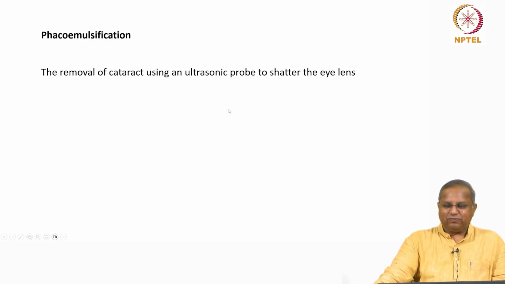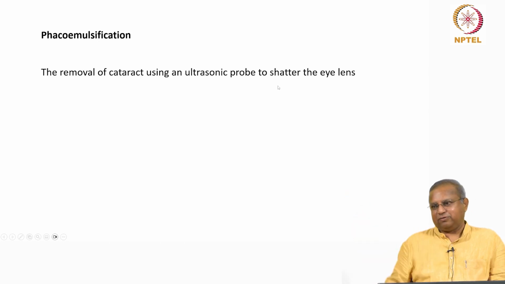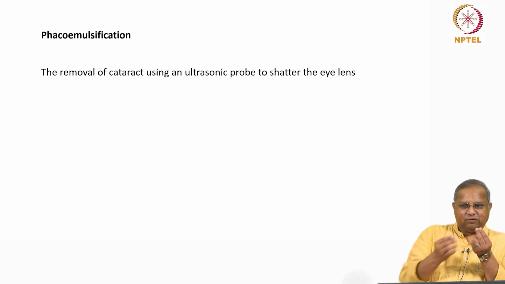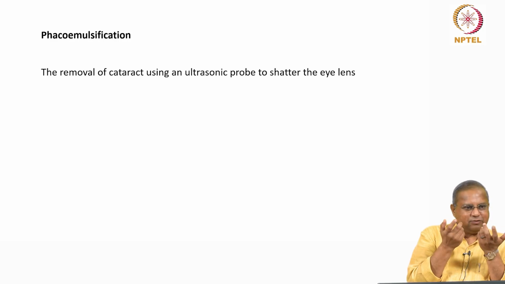So while removing the cataract, the standard practice nowadays in all our hospitals even is to use ultrasound to shatter the eye lens and then suck it out. The eye lens is actually inside a transparent pouch. So they make a small cut in the pouch. That small cut can be made using a laser or a knife. In my case, it was a knife.